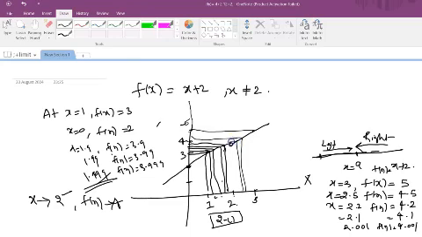So if you look closely, as you are approaching x is equal to 2, the value of your function is approaching 4. Here the value of x is always 2 plus something, and it can never be 2. So x is approaching 2 from the right, because it is always 2 plus something. Your function is approaching 4.